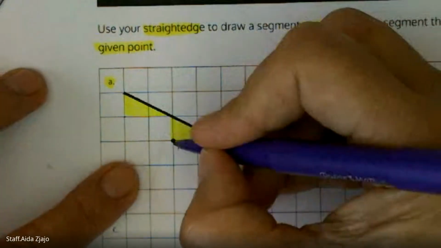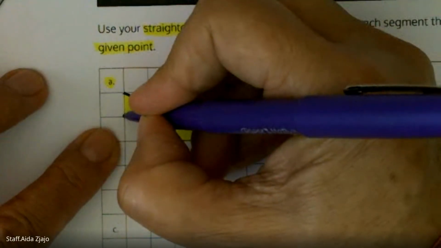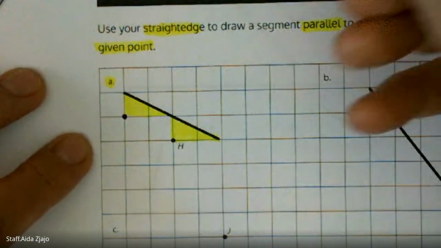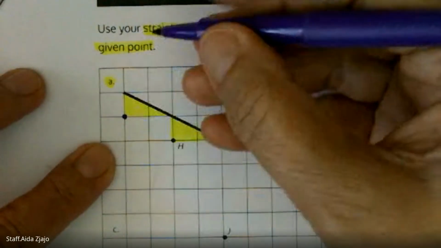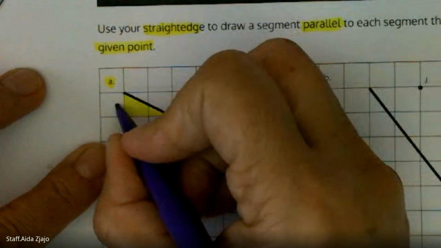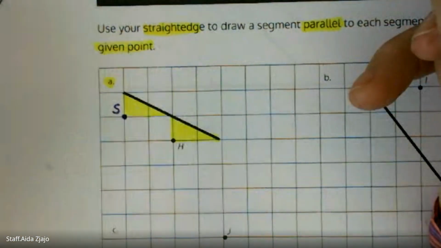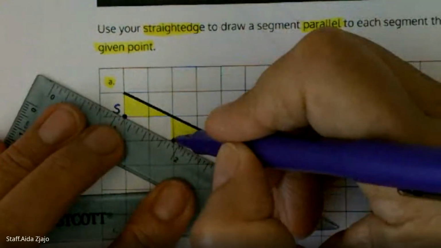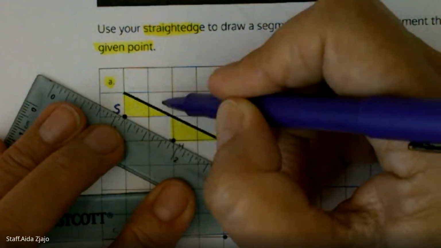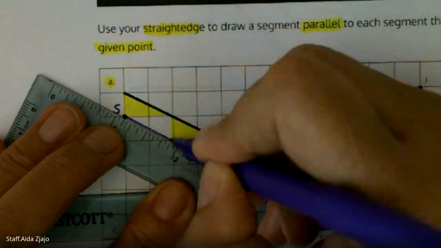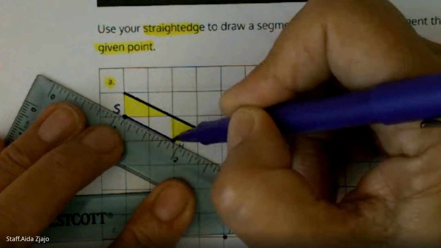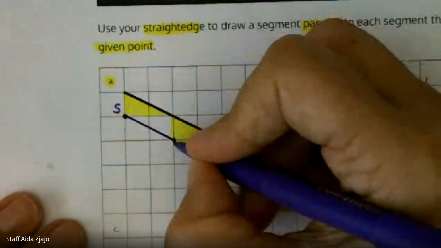So right here where H is, at the same point, is going to be my another point, which I'm going to call H copy, right? This one will be S copy. So if I connect these two, they will be parallel to the line segment that we were given, and we can check, right?